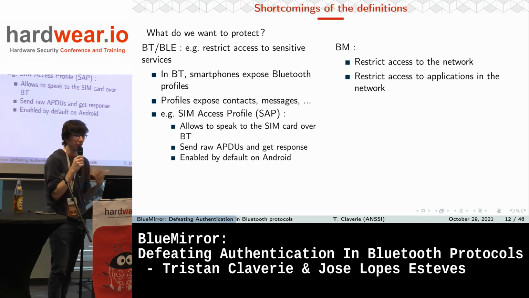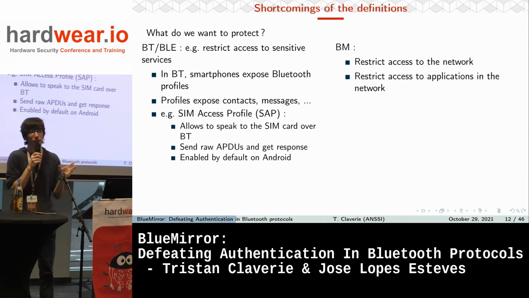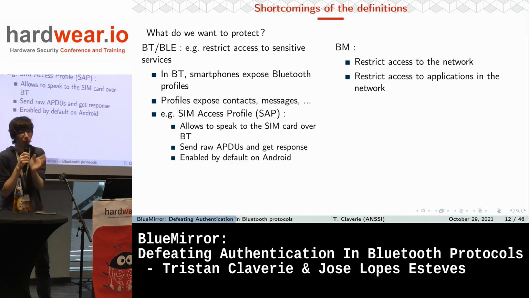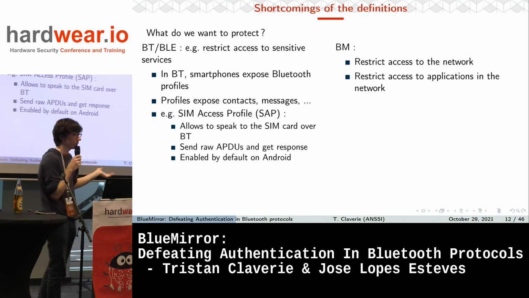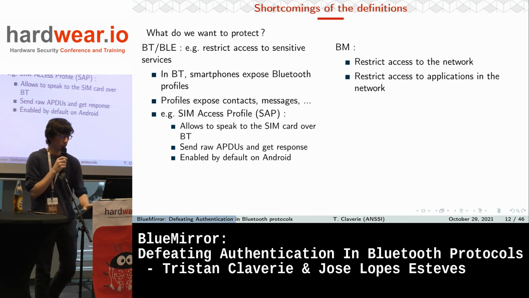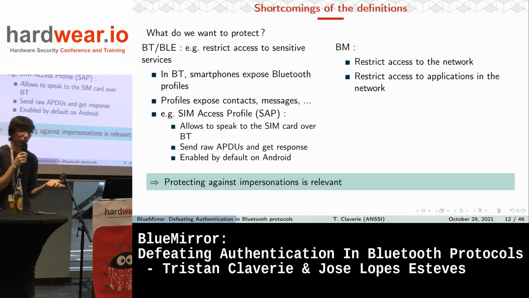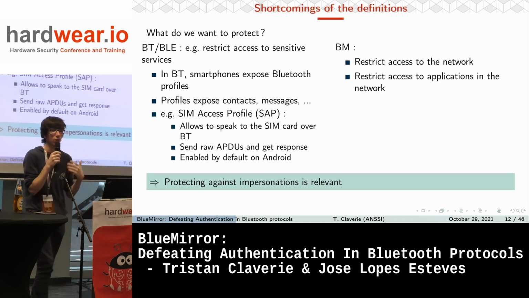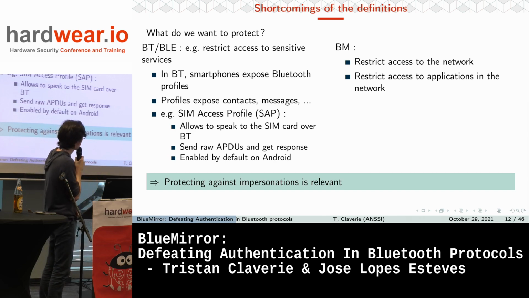If we look at Bluetooth Mesh, again, we don't necessarily want to protect only the communications between the provisioner and the device. Actually, in Bluetooth Mesh, we more likely want to protect the access to a mesh network and to the applications on the mesh network. Those elements mean that machine in the middle is relevant, but it's not the only way we can attack a Bluetooth device, and therefore it's not the only model in which we want to protect devices.